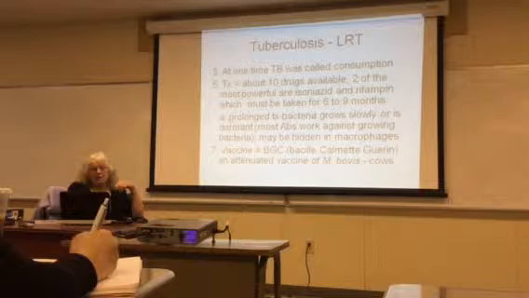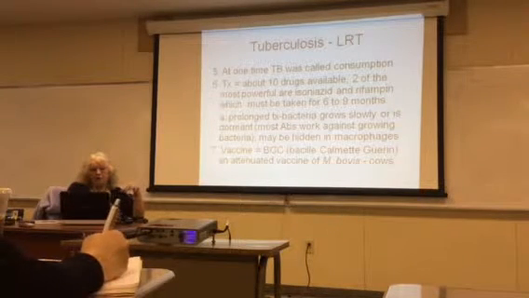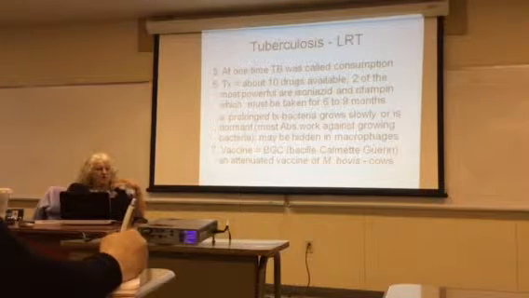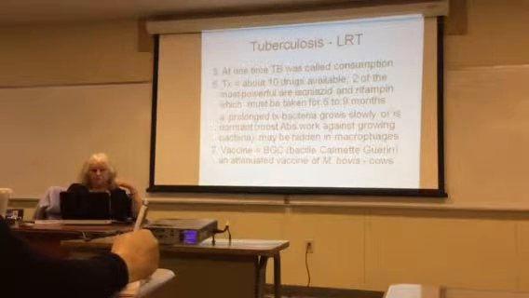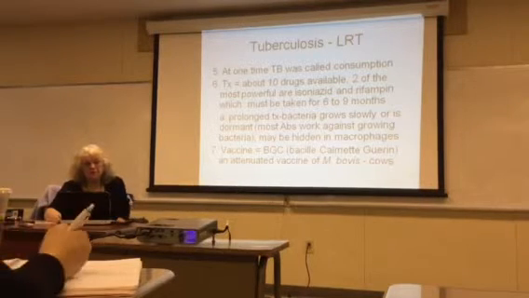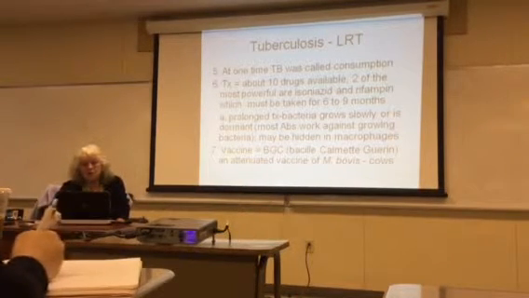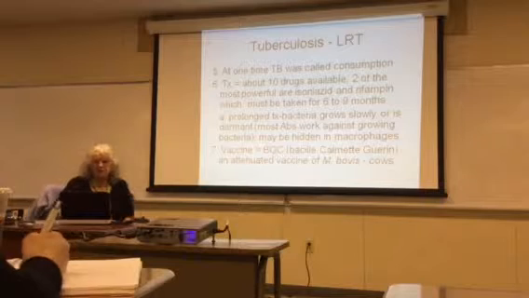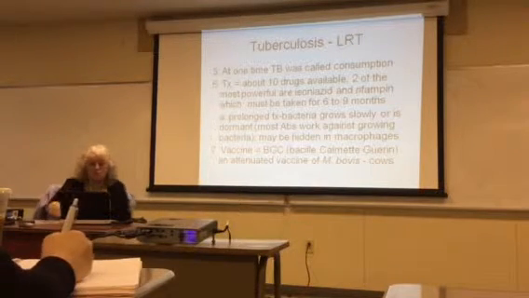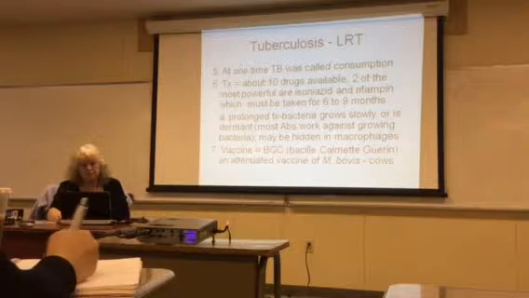And they may be hidden in the macrophages. And if you have a bacteria that is living in the macrophages, well, then that macrophage is protecting it from antibiotics in your immune system. There's a vaccine for it. It's an attenuated vaccine of Mycobacterium bovis, and that's one that normally would affect cows.